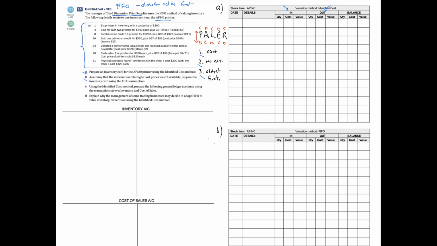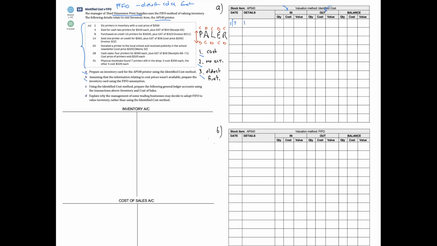Now, if we go to the 1st of July, we have our first transaction. We are told we start with 6 printers in the inventory with a cost price of $300. So for this one, we are going to write the date. We always write the date of the transaction, which is the 1st of July. The detail here will always, unless it is this type of transaction, be the source document.